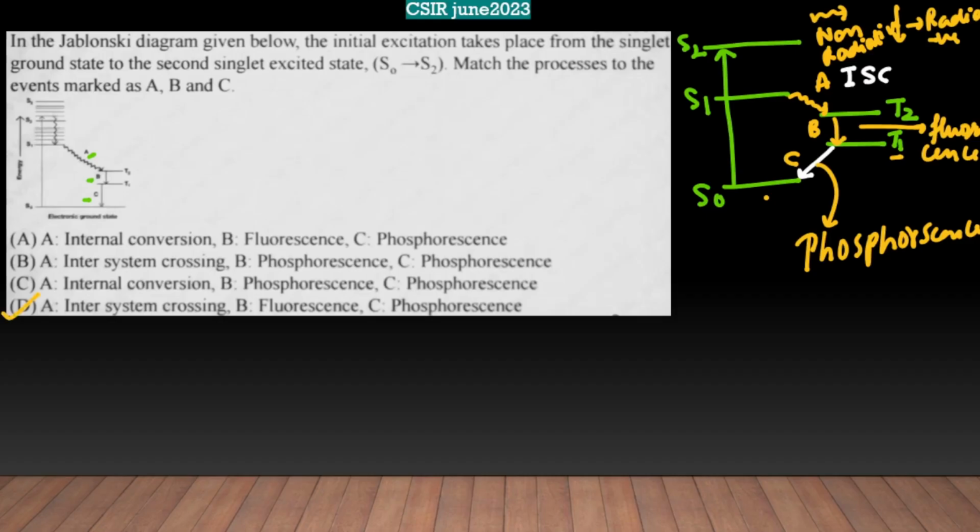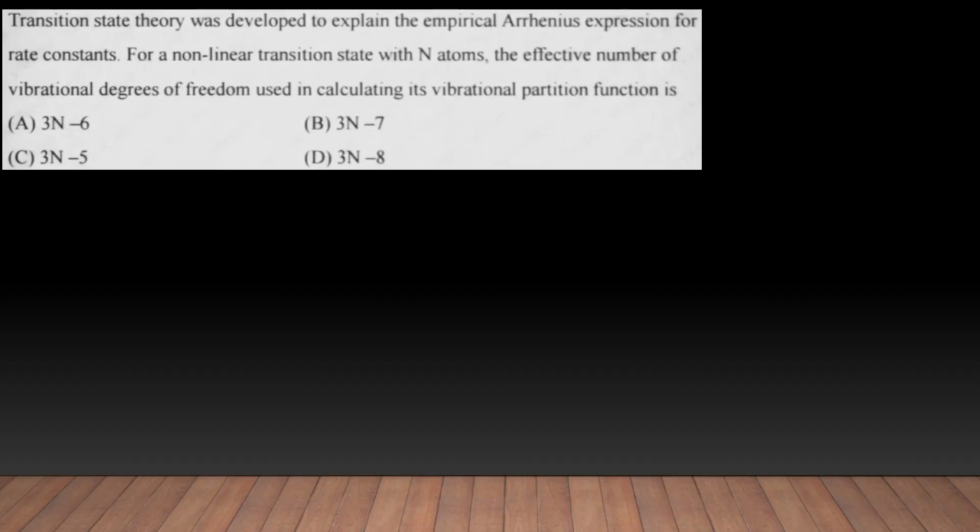Okay, next is this question. The transition state theory was developed to explain the empirical Arrhenius expression for the rate constants. For a non-linear transition state with n number of atoms, what is the effective number of vibrational degrees of freedom used in calculating the vibrational parameter?